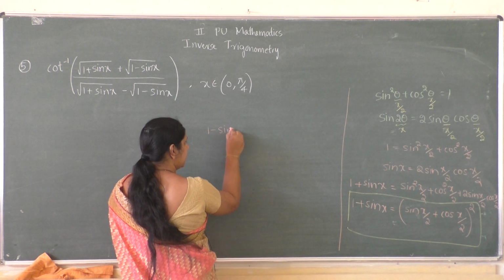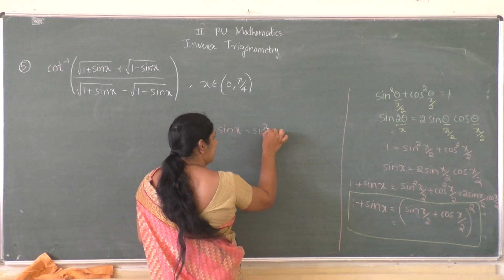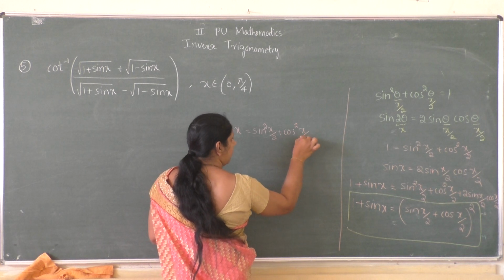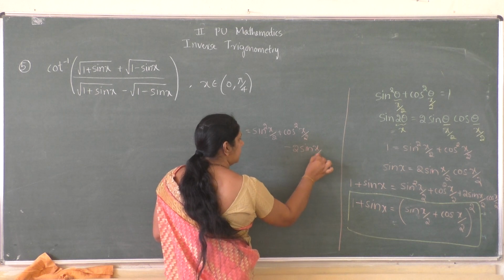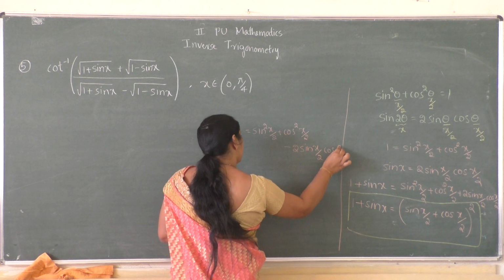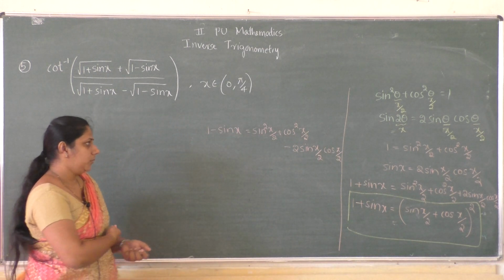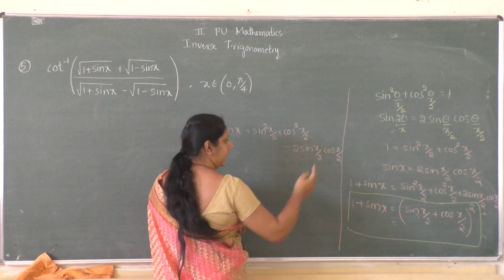Now similarly we have to find the formula for 1 minus sin x. So 1 is again sin square x by 2 plus cos square x by 2 minus 2 sin x by 2 into cos x by 2. See, it is of the form a square plus b square minus 2ab.